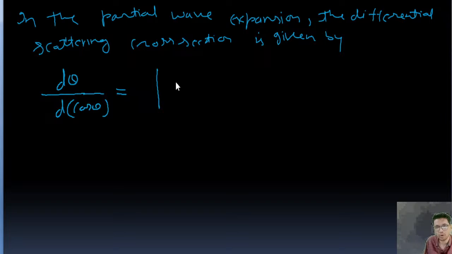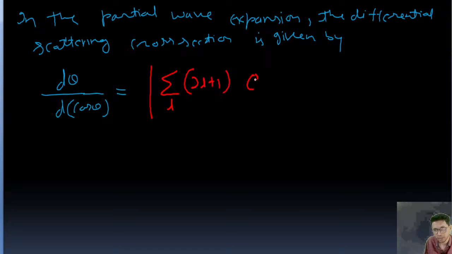So this is mod of, this is a very important formula, guys. I'm going to write in red. This is mod of sigma L (2L plus 1) e to the power i delta L sine delta L P_L cos theta, mod square.